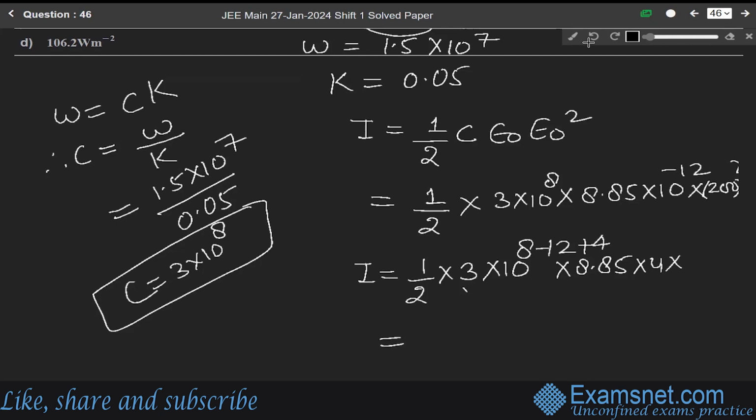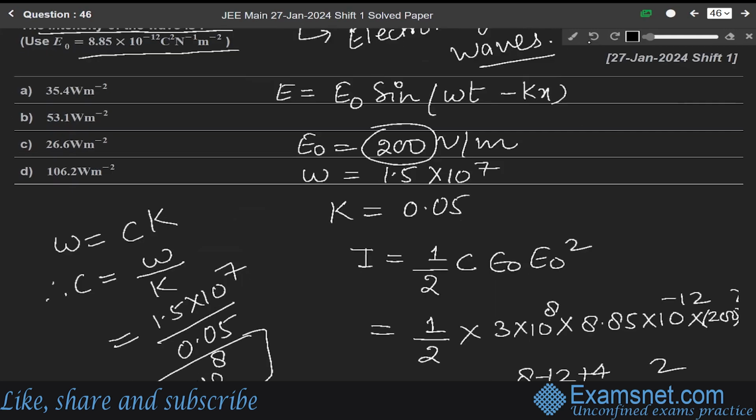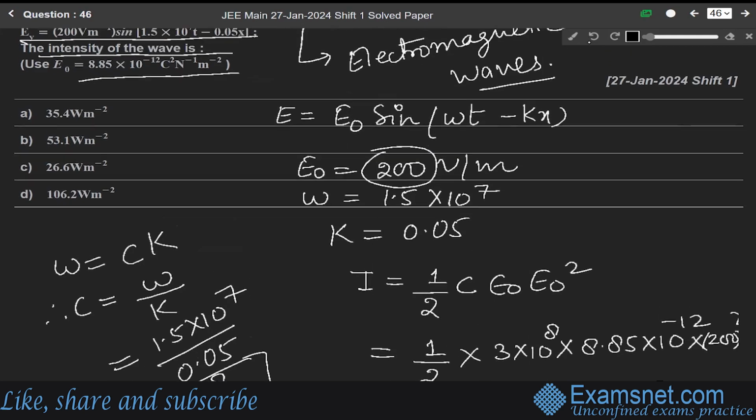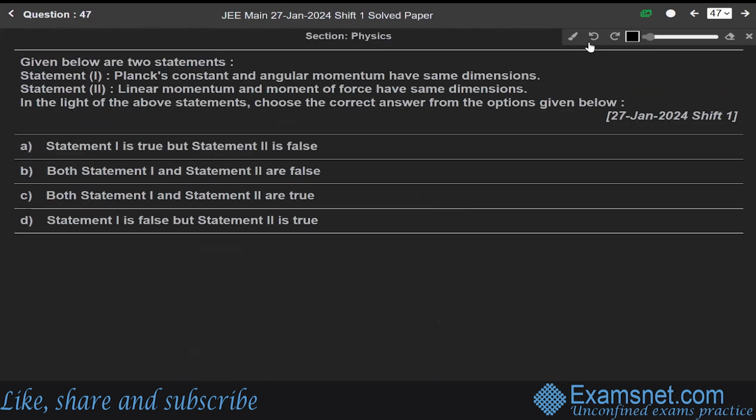So it will be equal to 53.1. So the intensity is 53.1 Weber per meter square. So the correct answer is 53.1 Weber per meter square, option B. Next question, question number 47.